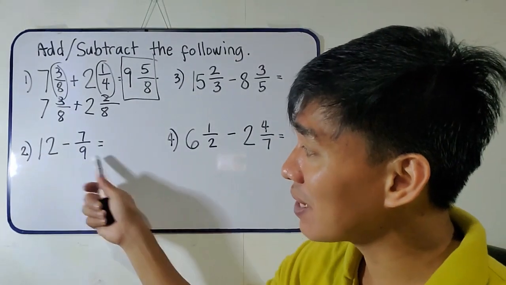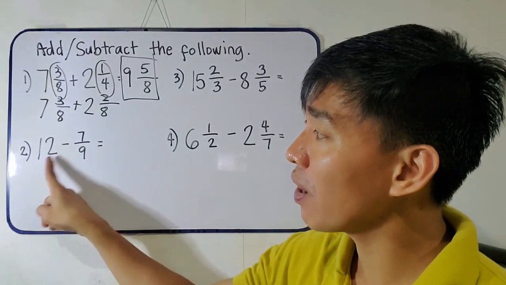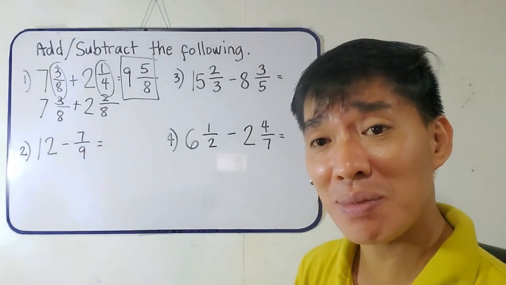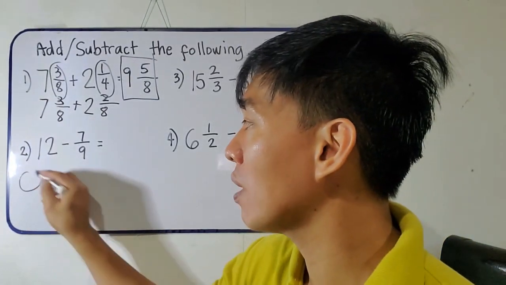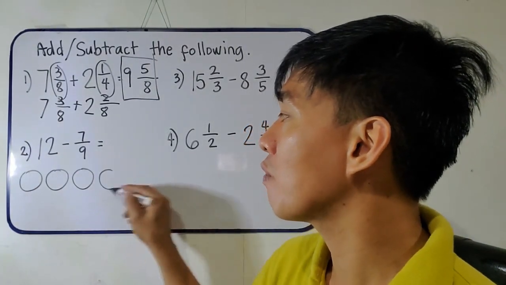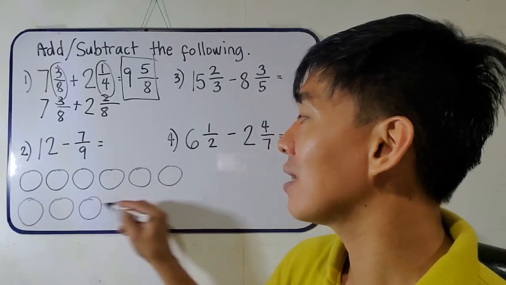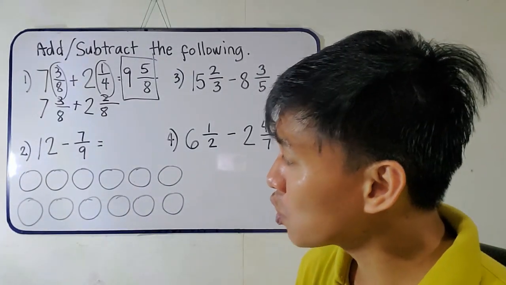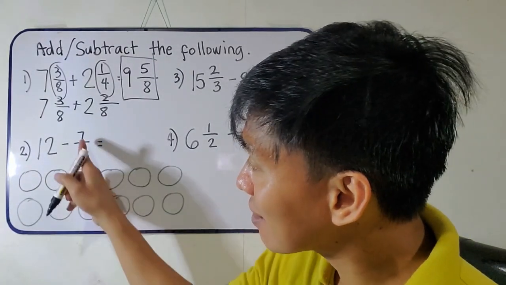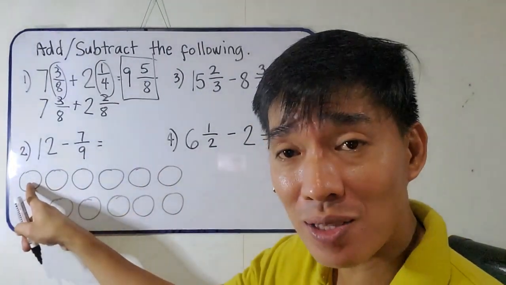This time, this is a whole number and this is a fraction. When we say 12 minus 7/9, it simply means that you have here 12 wholes. So that is 1, 2, 3, 4, 5, 6, 7, 8, 9, 10, 11, 12. In this case, you will only subtract 7/9. And 7/9 is just one part of a whole.